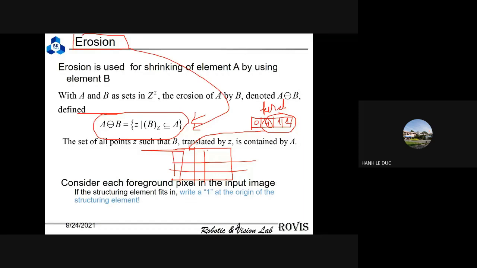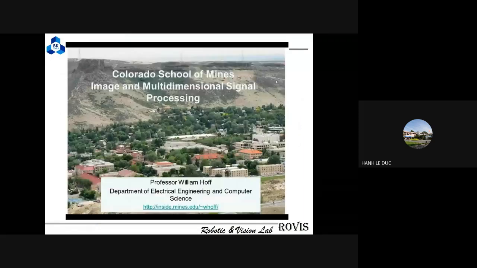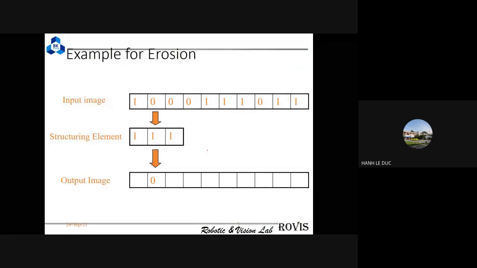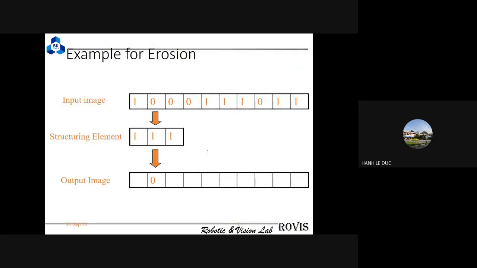So let's have a look at the performance. Here, for example, I have the image like this, and this is the kernel. Then I will slide it on this image. At the first position, what is the result? 0. Why?